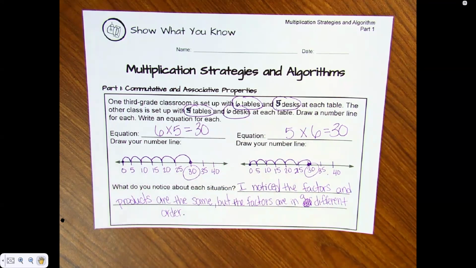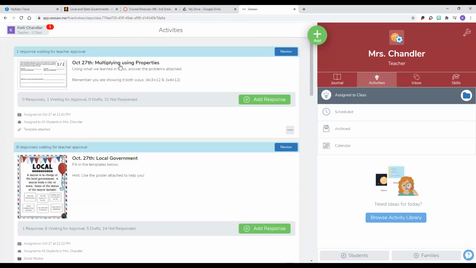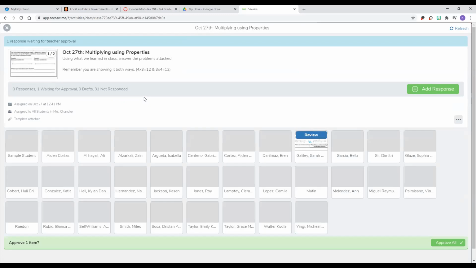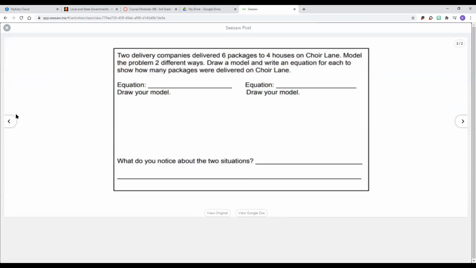Yes, Katya? They're gonna be on Seesaw, right? Yes. Okay, so I'm going to show you the activity on Seesaw. So the activity is called multiplying using properties. Okay, so you'll have one problem and then the other problem.